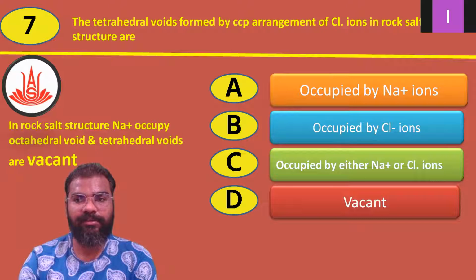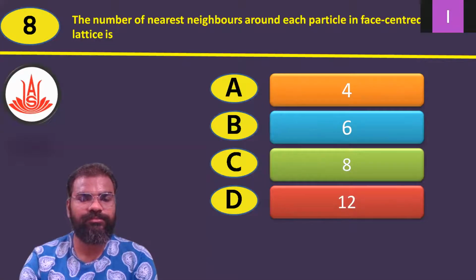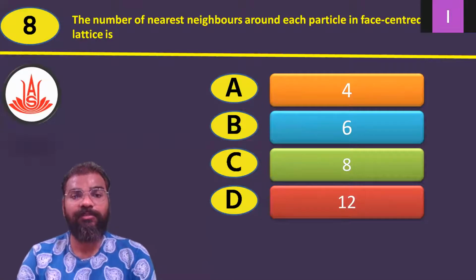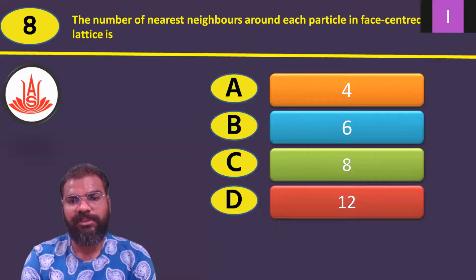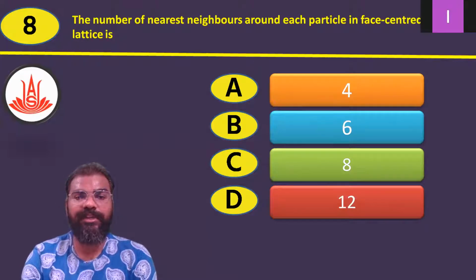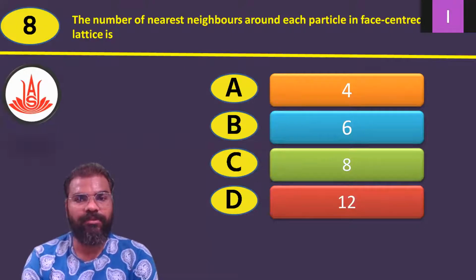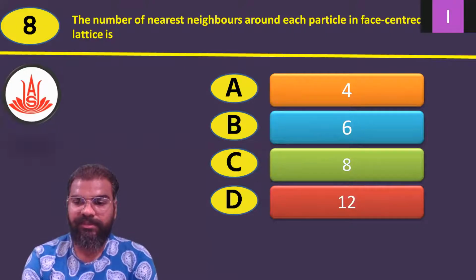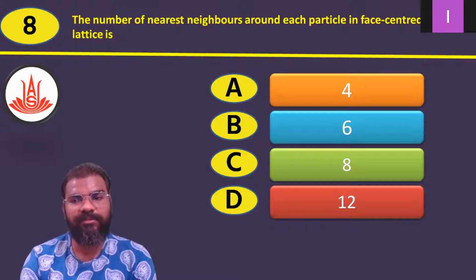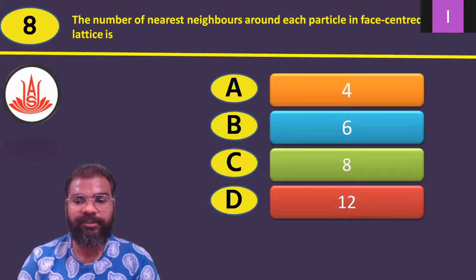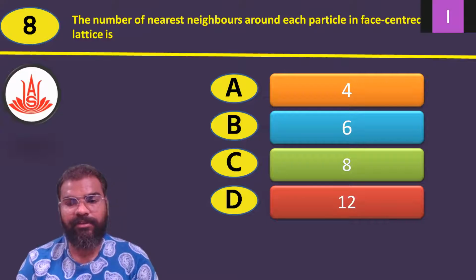Then next question: the number of nearest neighbors around each particle in a face-centered cubic lattice is 4, 6, 8 or 12.